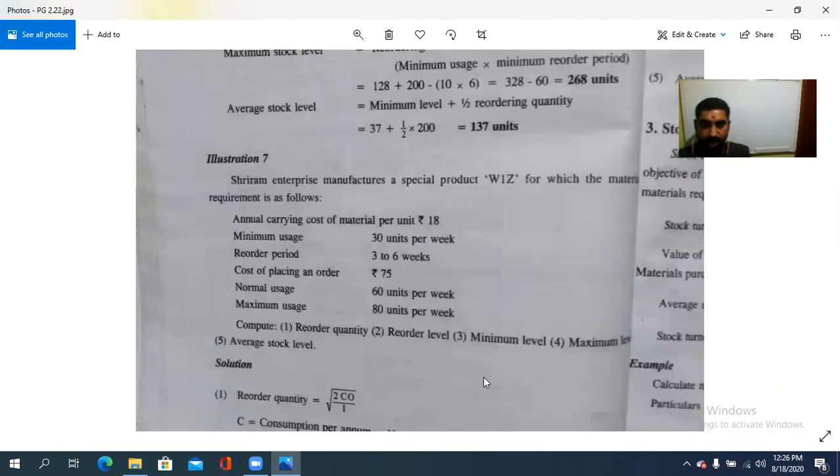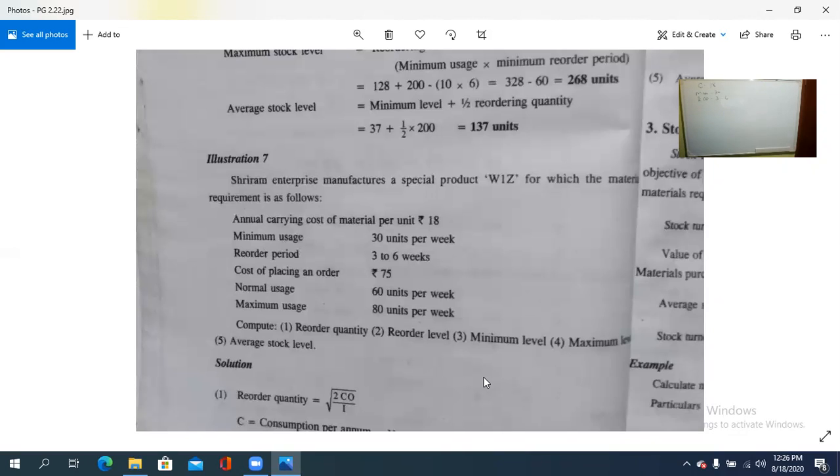Shira Enterprise manufactures a special product WIZ for which the material requirements are as follows. Annual carrying cost of material per unit is 18. Minimum usage is 30 units per week. Reorder period is 3 to 6 weeks.